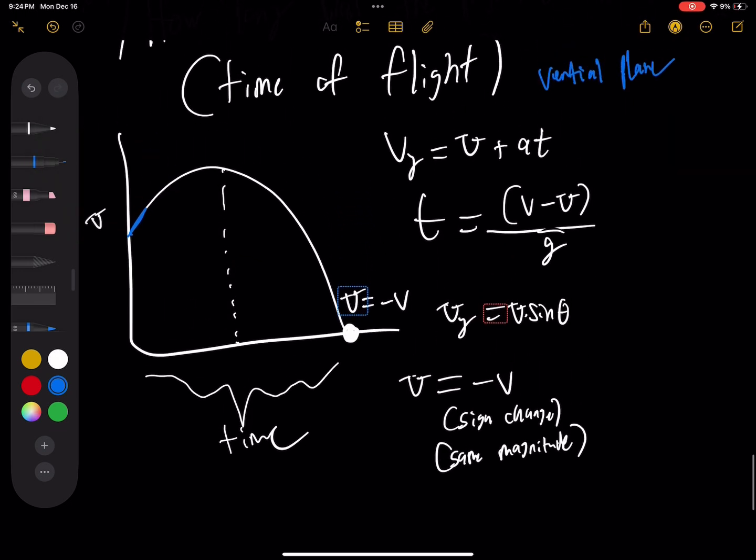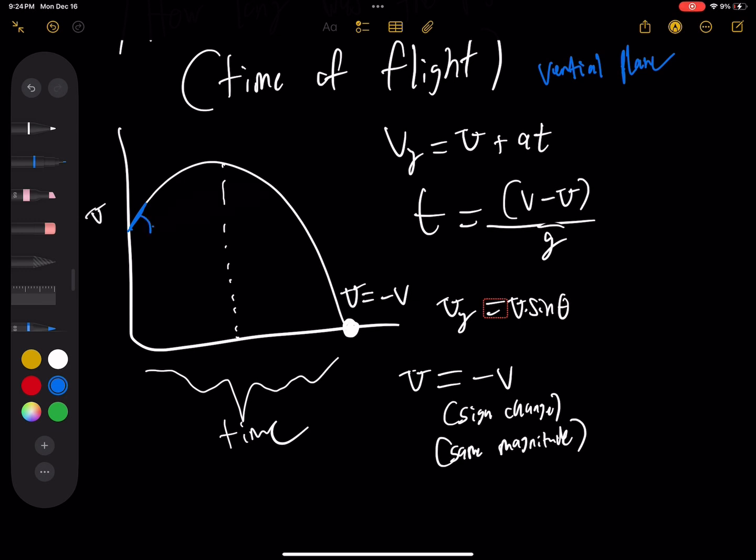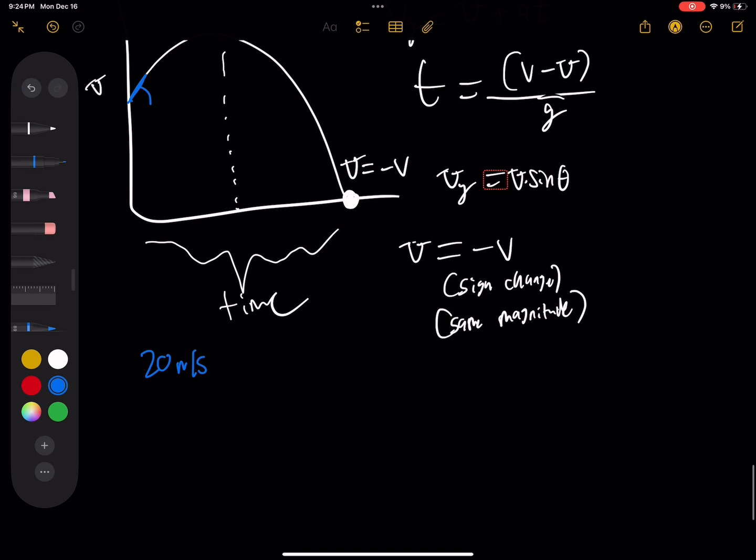So, quick little example. Same one. 20 meters per second, and then angle of 60.